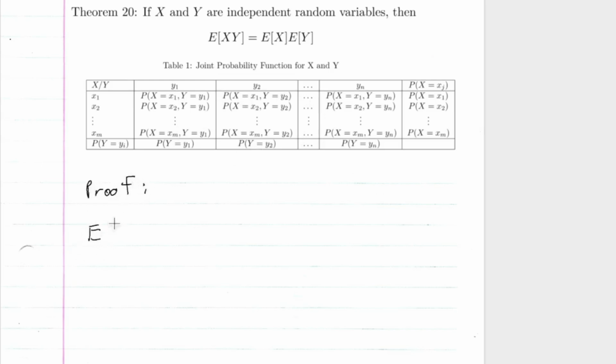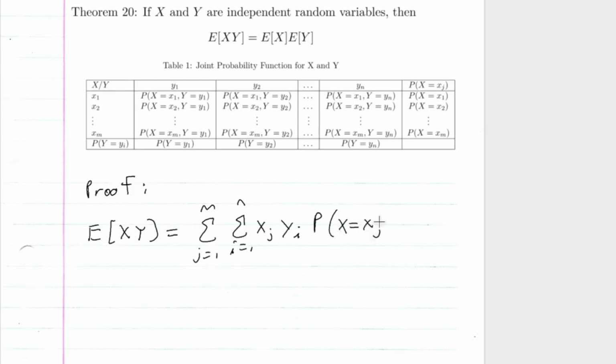So the expected value of xy, remember, is going to be the sum of every single one of these times its respective x and its respective y. So it's the sum from j equals 1 to m, which represents all the x's, and the sum from i equals 1 to n, which represents all the y's, of x sub j times y sub i times the probability that x is equal to x sub j and y is equal to y sub i.